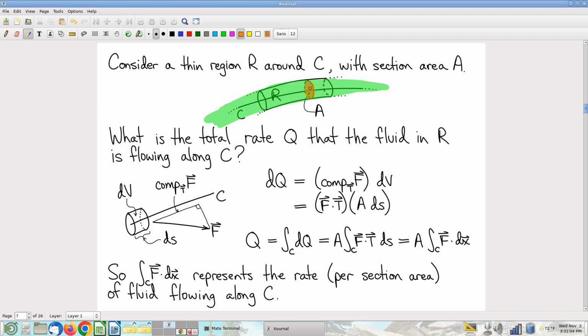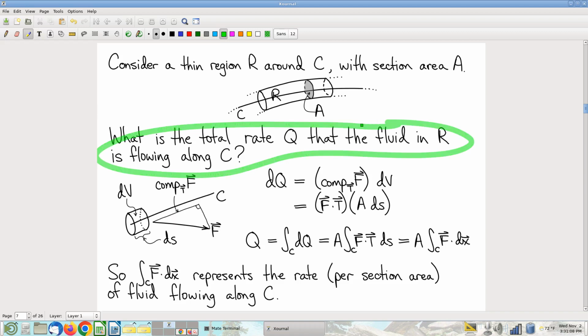And the answer to, what's the total flow rate? This total flow rate that this fluid is flowing along the curve was this. And in particular, you'll notice that it is proportional to that cross-sectional area. Well, of course it is. The bigger the cross-section, the more fluid, it stands to reason, right?